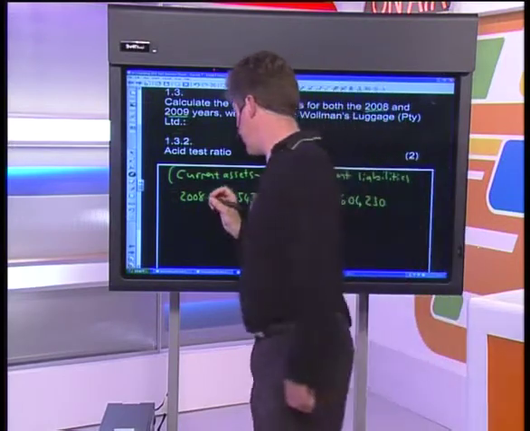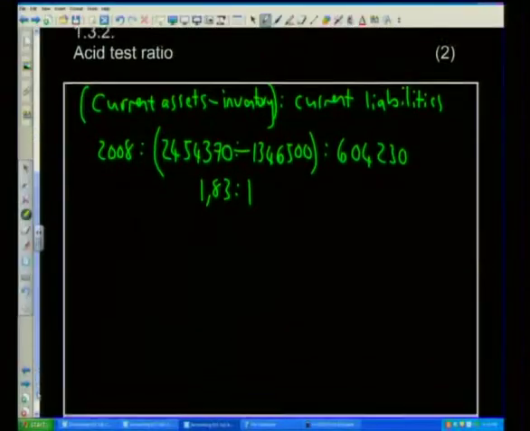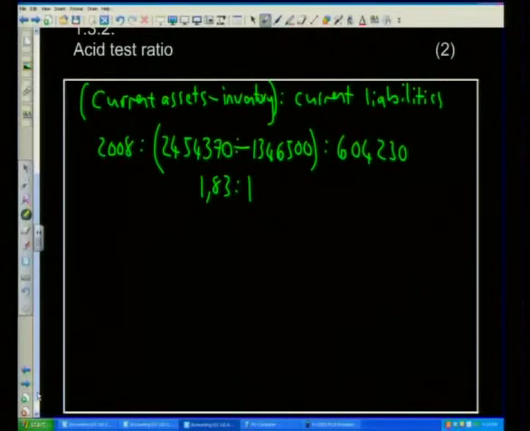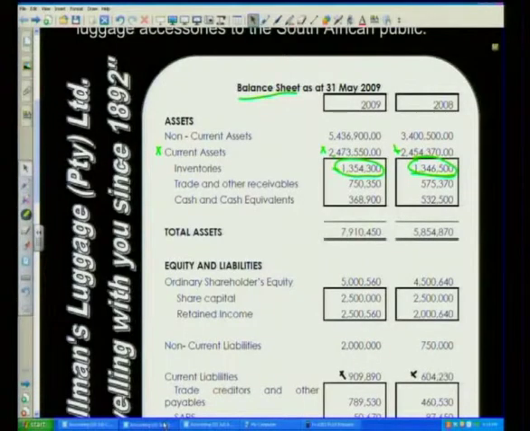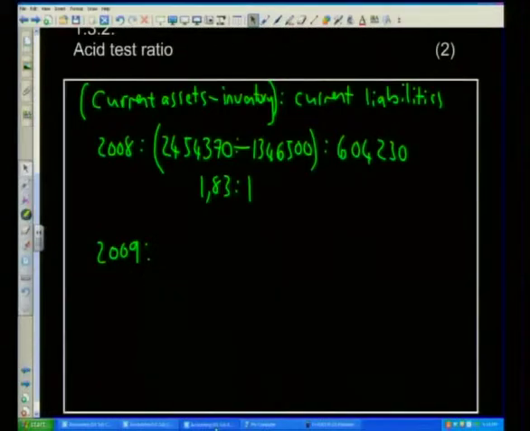If I have to do it for 2009, once again, it will be the same method. So I'm going to take my current assets for the year, which in this case were the 2,473,550. I'll write it down, 2,473,550.